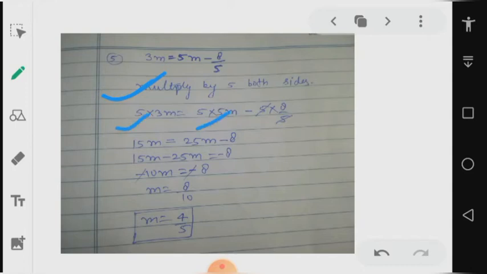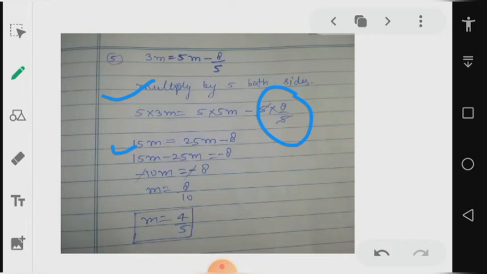So on the left side there is 3m. You have to first write the statement, then 5 into 3m. On the right hand side 5m is multiplied by 5 and minus 8 upon 5 multiplied by 5. As you can see, on the left hand side it is 15m, as 5 threes is 15m.